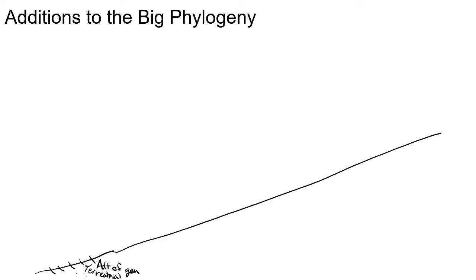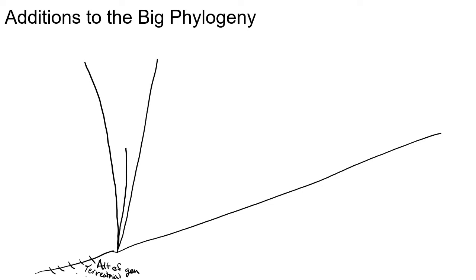The first group of plants were the bryophytes, and I'm going to have these as an unrooted group. They are unresolved. So we had the hornworts, the liverworts, and the mosses.